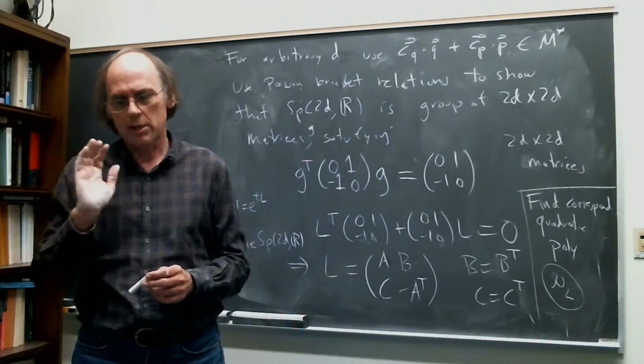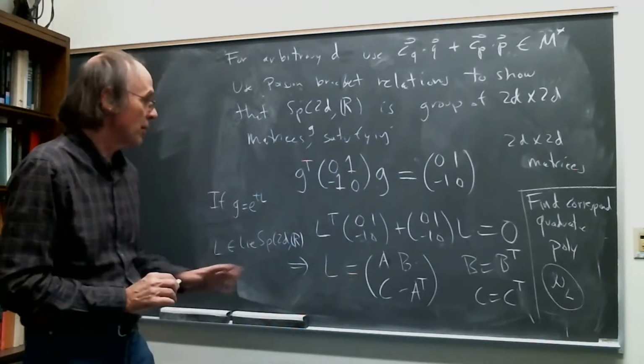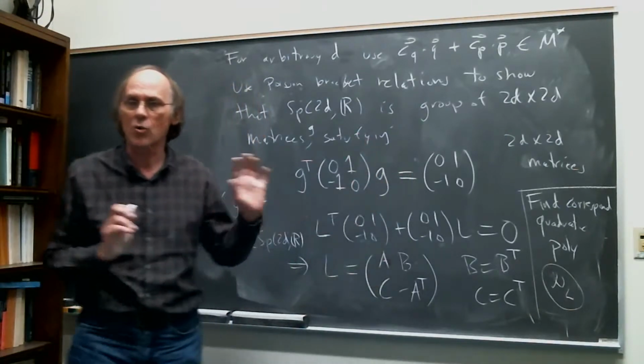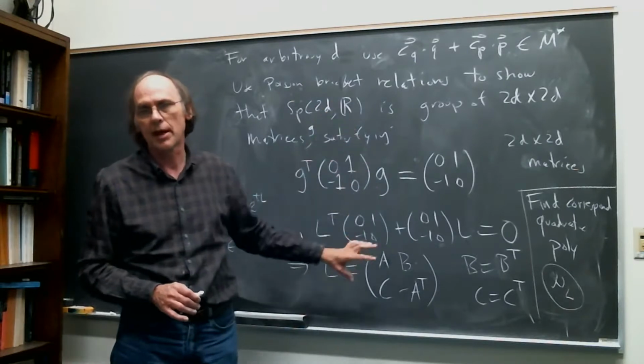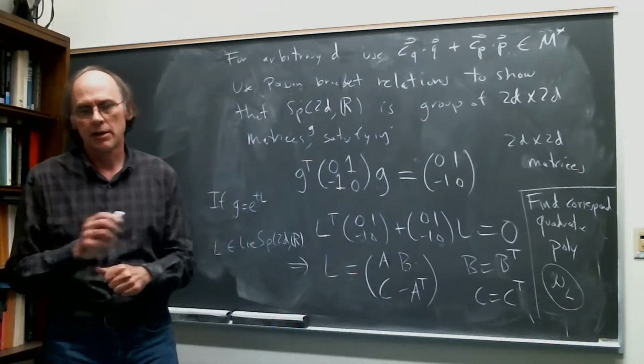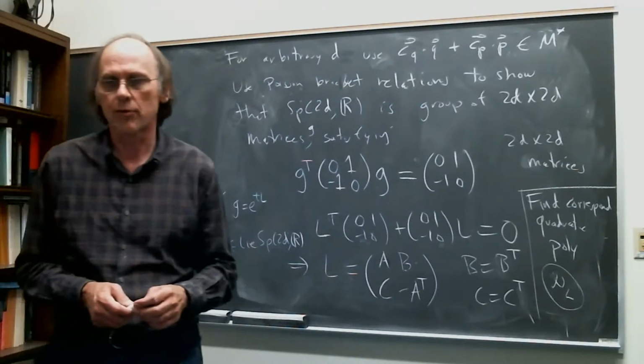But it's going to turn out that in the rest of the class, in terms of applications, in terms of going to the quantum theory and quantizing things, we only need the stuff that I've been talking about today. We don't actually need the general ideas about symplectic geometry, which are quite beautiful and quite useful in classical mechanics.